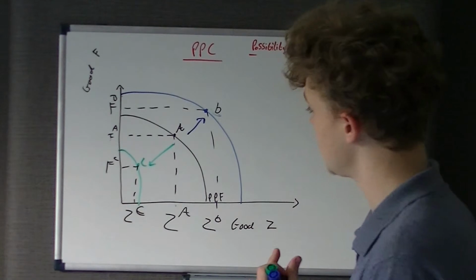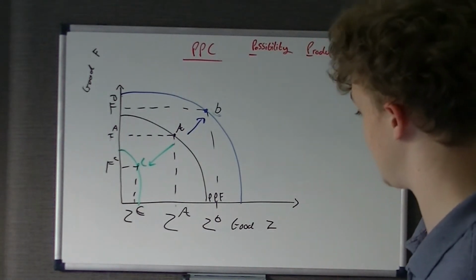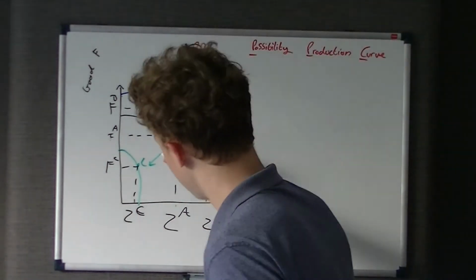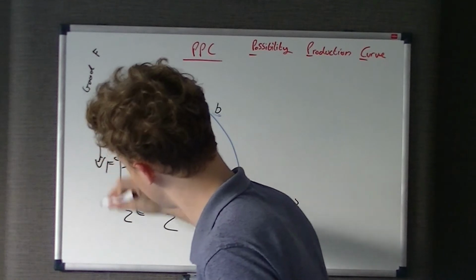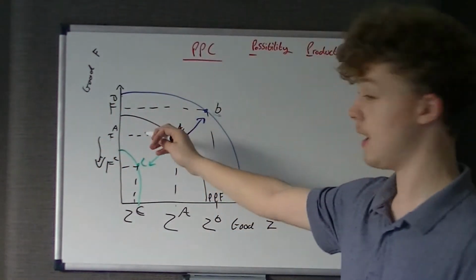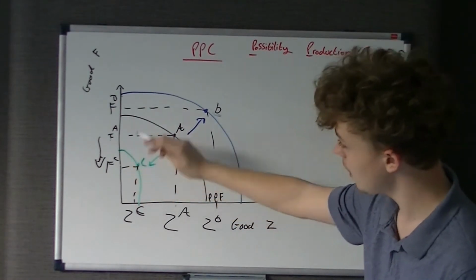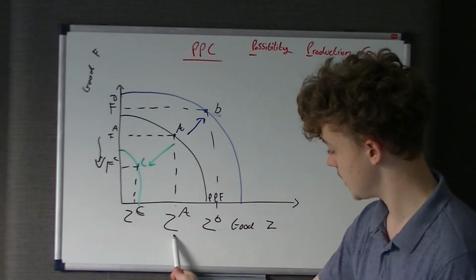So as you can see, at point A we are producing FA of good F and ZA of good Z. Now if we were moving down to C, we'd reduce our production of good F from FA to FC. And if we were moving from A to C, we'd reduce our good Z from ZA to ZC.